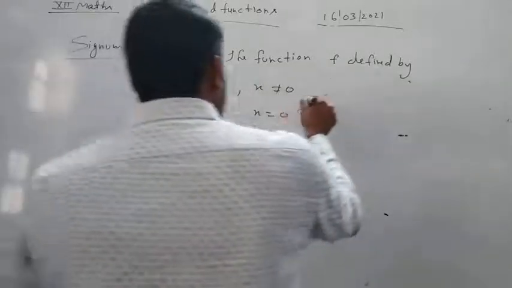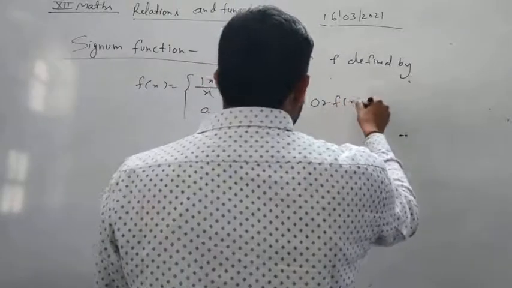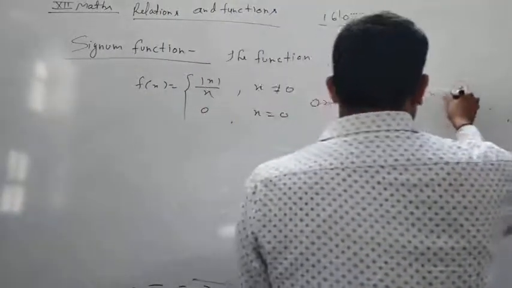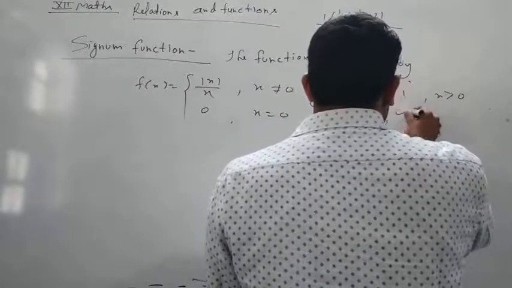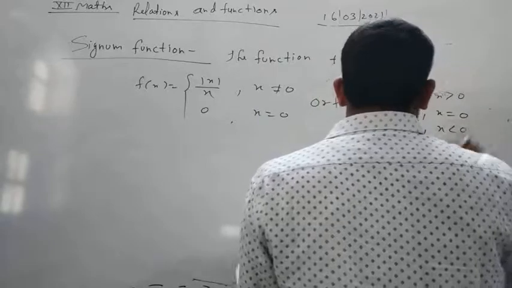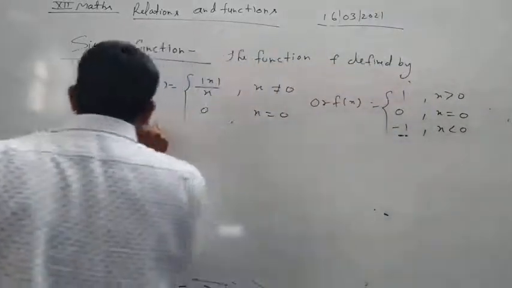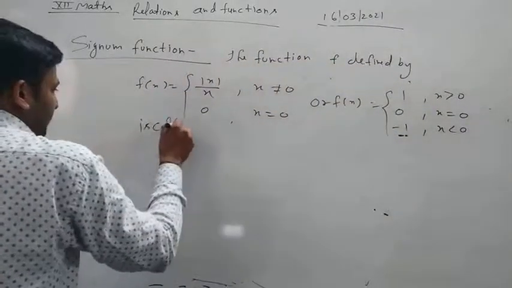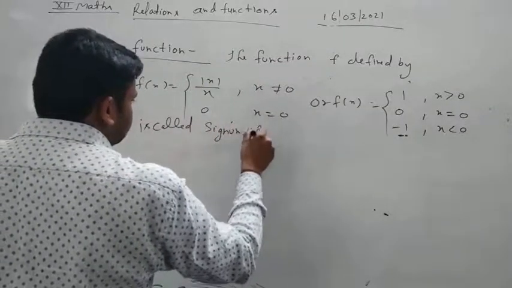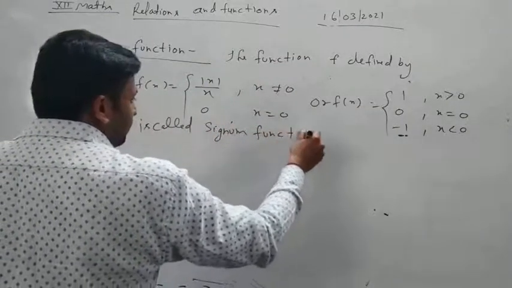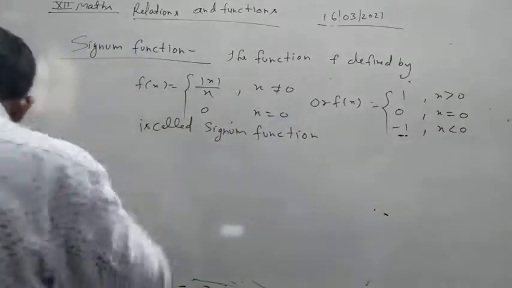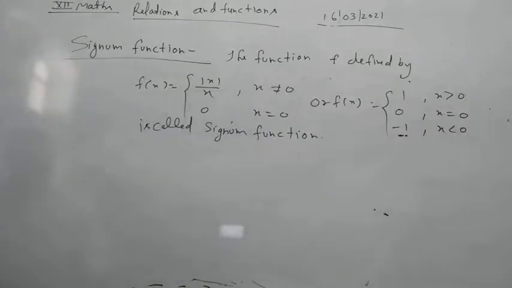Or we can write f(x) as 1 when x is greater than 0, 0 when x is equal to 0, and minus 1 when x is less than 0, is called the signum function.